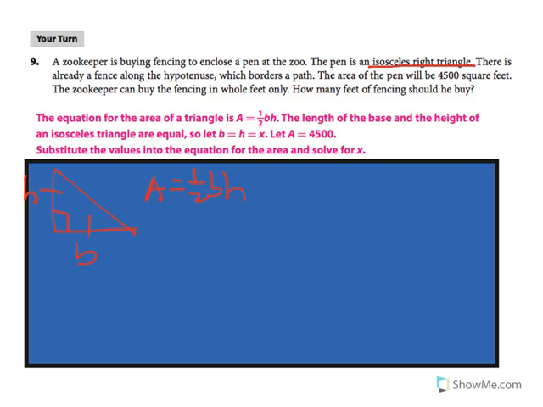Since the base and height are the same, we can call both of them x, so this is 1/2 x times x, or 1/2 x squared. We're given that the area is 4,500, so we can rewrite it as 1/2 x squared equals 4,500. Times 2, so x squared equals 9,000. To solve, we take the square root.